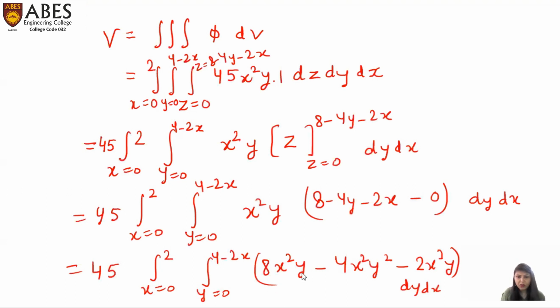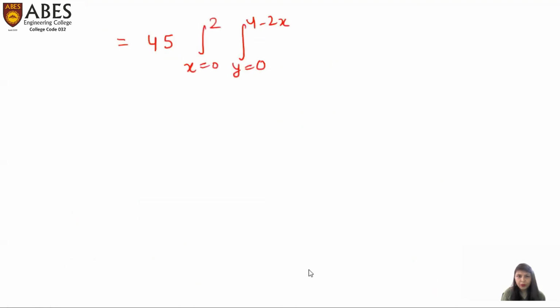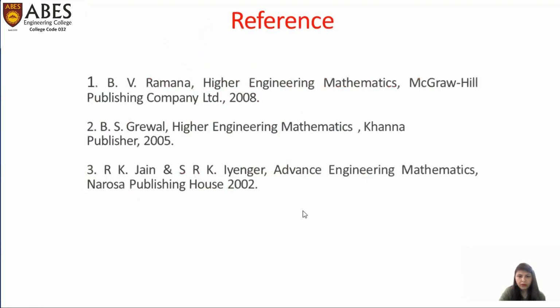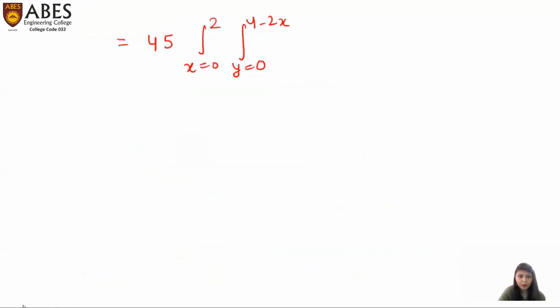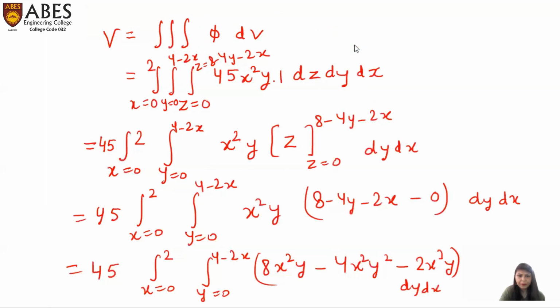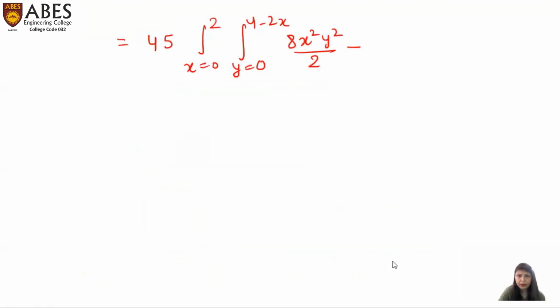So the integration of y will be y square by 2. So the first value will be 8x square y square upon 2. The second value: y square integration will be y cube upon 3, so minus 4x square y cube by 3.